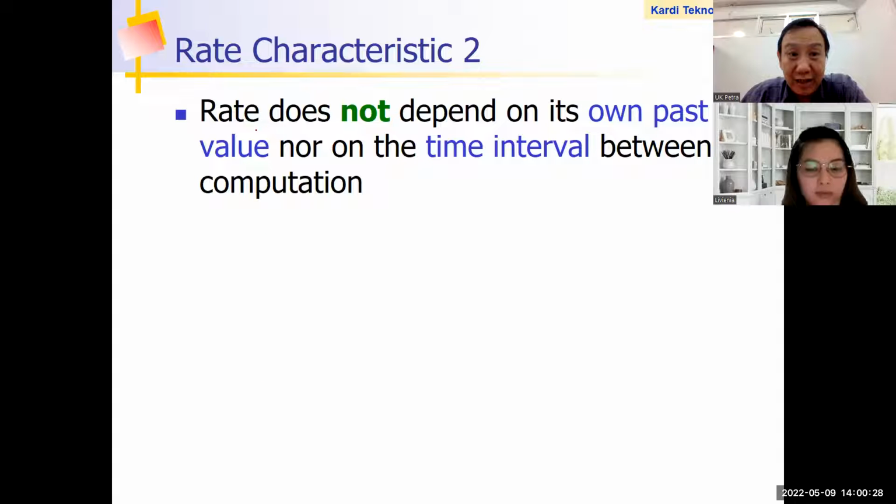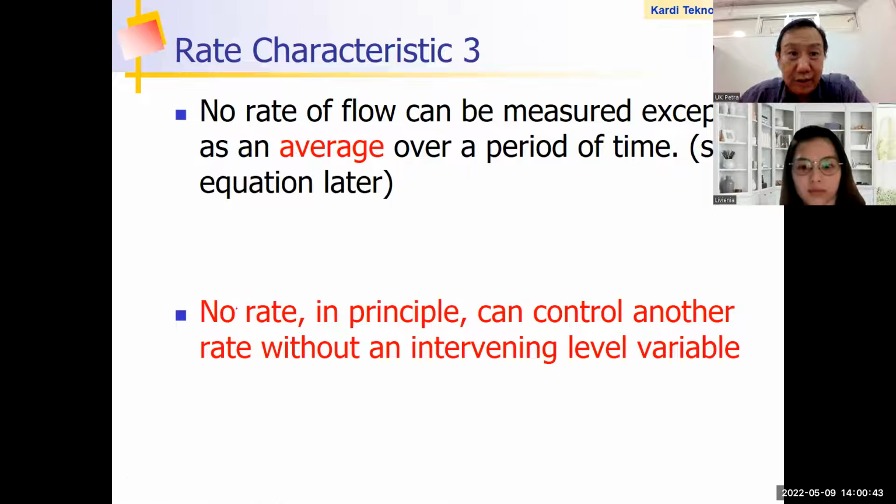The rate does not depend on its own past value, nor on the time interval between computations. No rate of flow can be measured except as an average over a period of time.